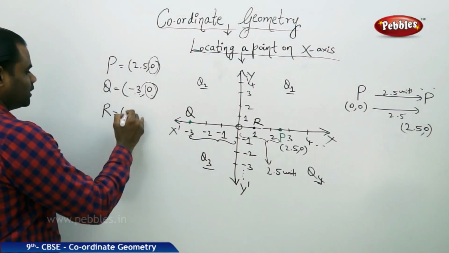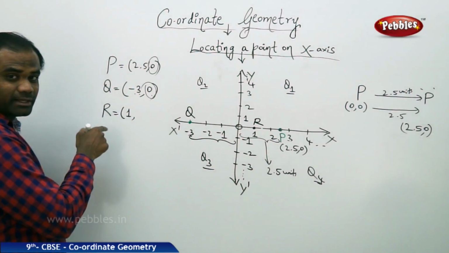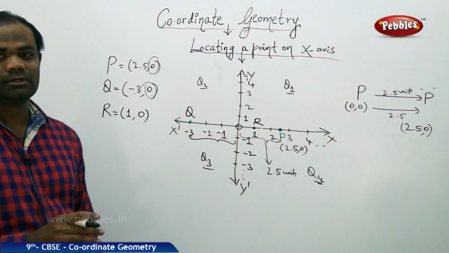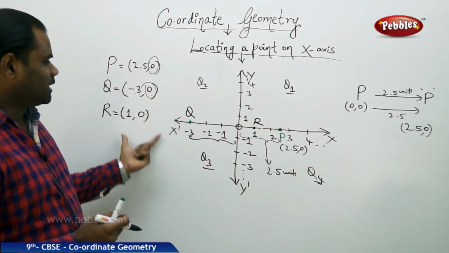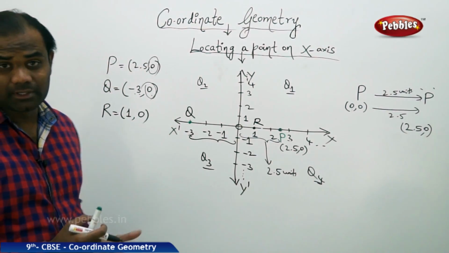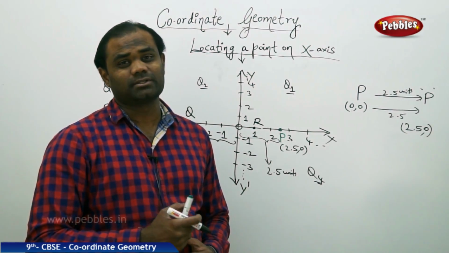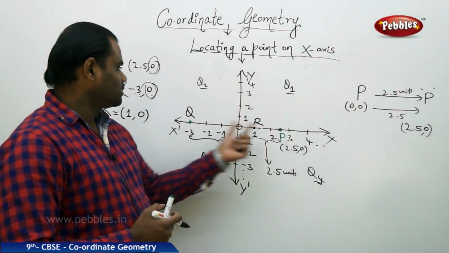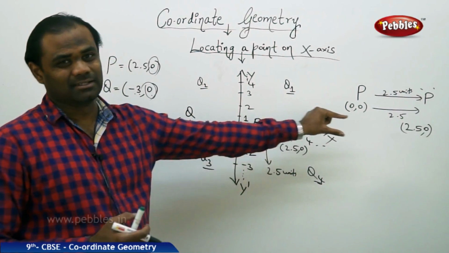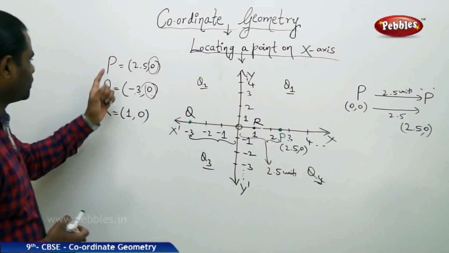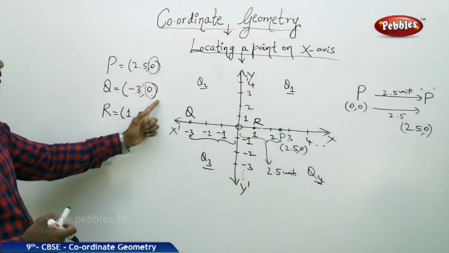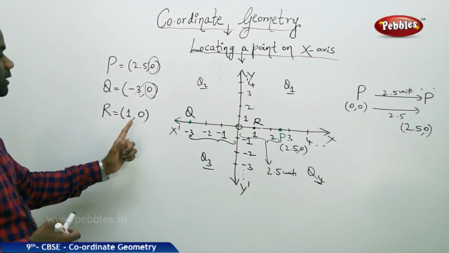Therefore, 1 unit to the right, so plus, and no change in y is what we observe. So what do we observe as the learning outcome in all these 3 points is the biggest question here. When we investigate the points P, Q and R on the x-axis, we see that point P is 2.5, 0, point Q is -3, 0 and point R is 1, 0.